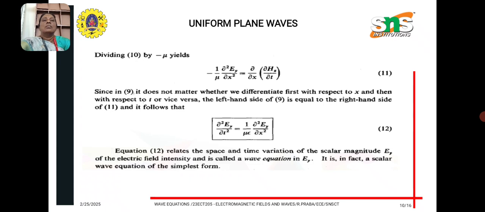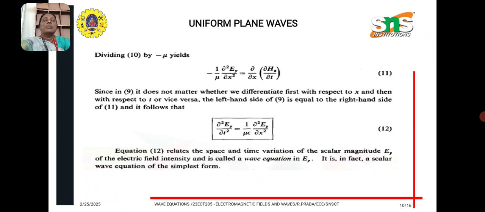It does not matter whether we differentiate first with respect to x and then with respect to t, or vice versa. The left hand side of equation 9 is equal to the right hand side of equation 11. So finally we can conclude that ∂²Ey/∂t² is equal to 1 by με ∂²Ey/∂x².